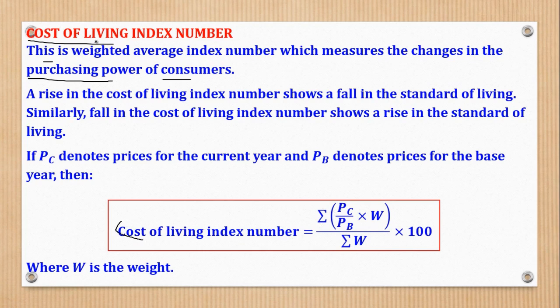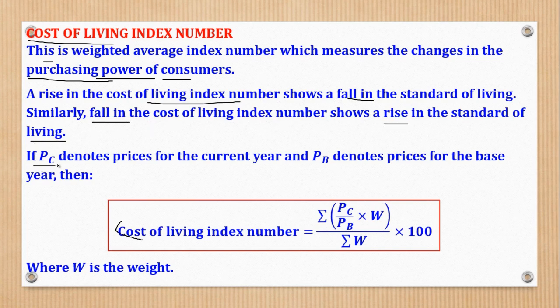Here the items are the ones a consumer can purchase, a consumer takes. So a rise in the cost of living index number shows a fall in the standard of living. Similarly, a fall in the cost of living index number shows a rise in the standard of living.